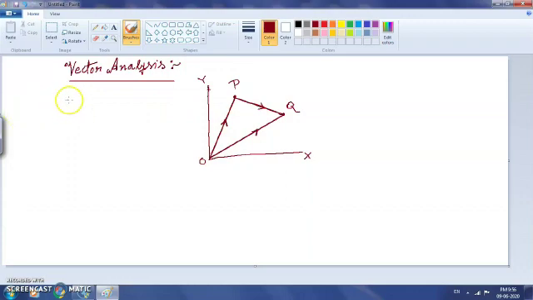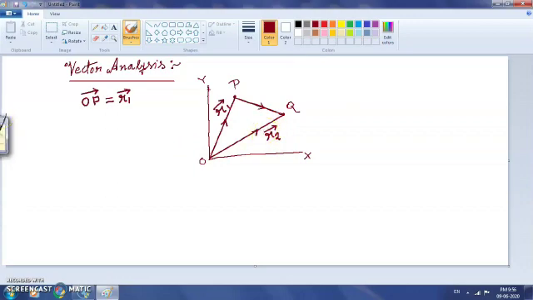So the OP vector, make it R1. This one is the position vector of OP. And the position vector OQ, make it R2.